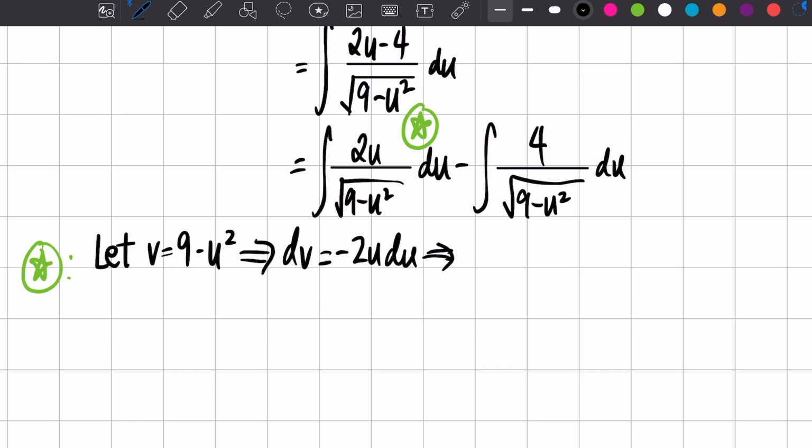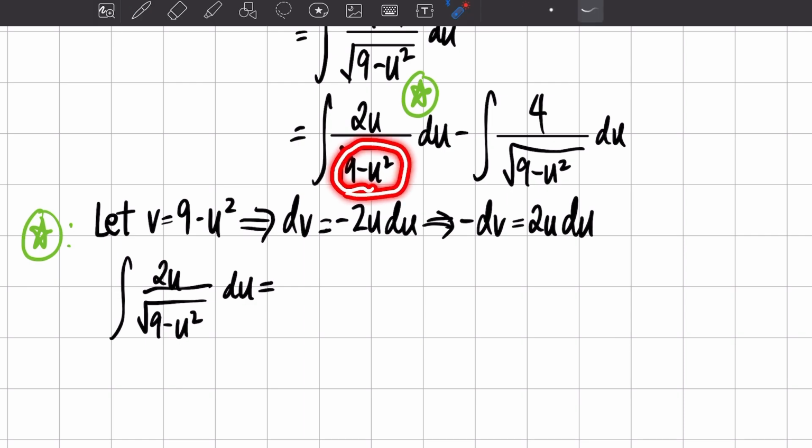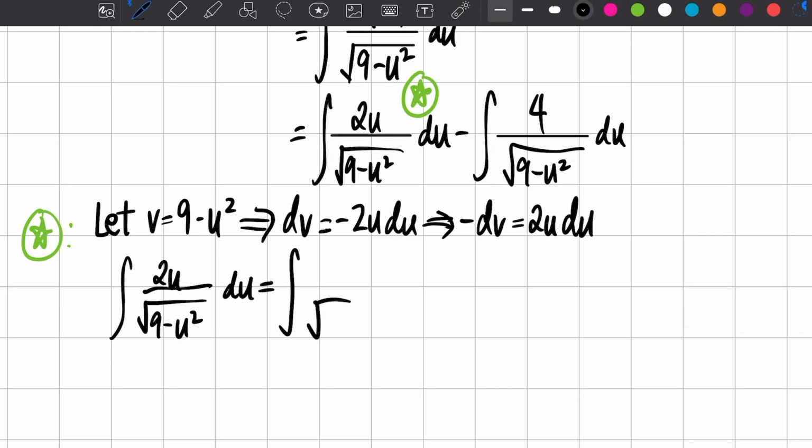So multiplying both sides by negative 1, we get negative dv equals 2u du. And so the integral of 2u all over the square root of 9 minus u squared du will just be this one here. 9 minus u squared is your v. So that's the integral of, you have a square root of v in the denominator, then your 2u du will be a negative dv.